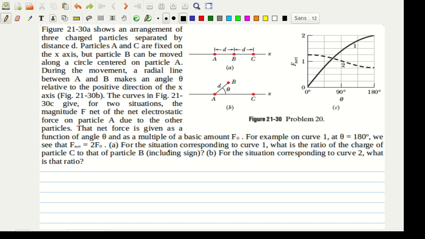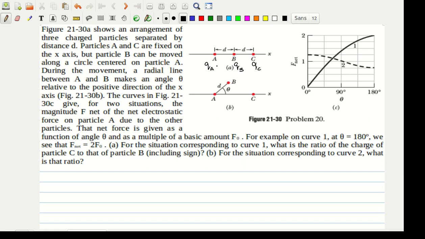For the situation corresponding to curve 1, what is the ratio of the charge of particle C to that of particle B, including sign? Let us say that this charge is QC, this is QB, and this is QA.